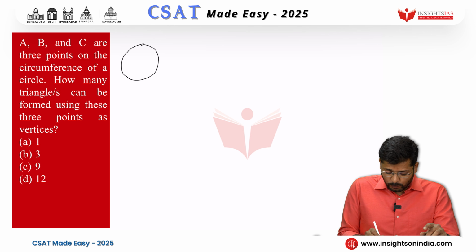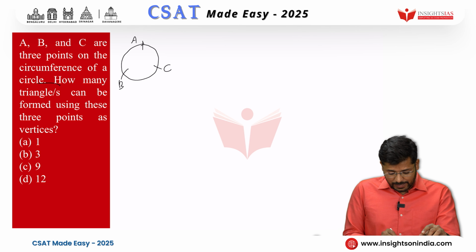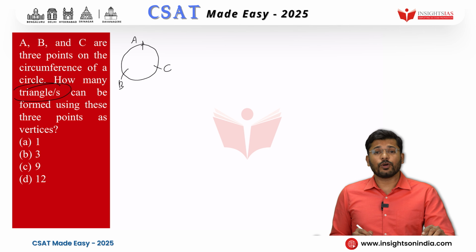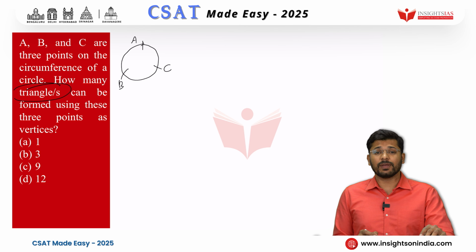There are 3 points, A, B and C. And we are to form triangle, right? To form a triangle, how many points do we need? We need 3 points as vertices. And how many points do we have here? We have exactly 3 points.